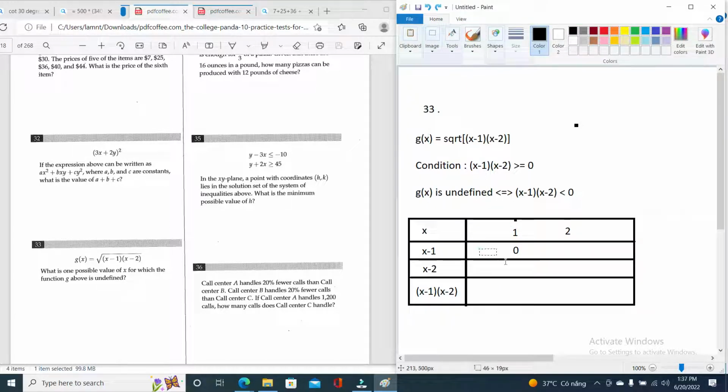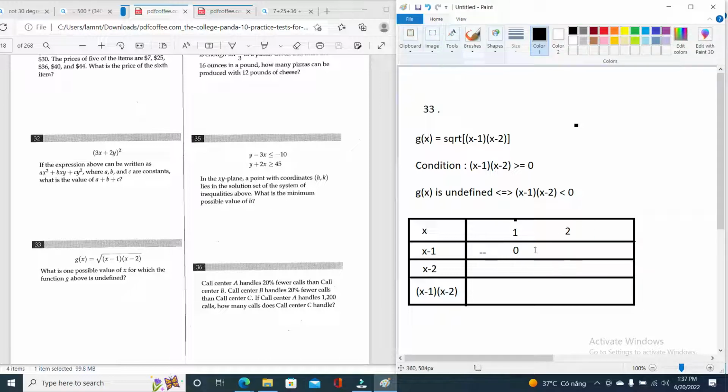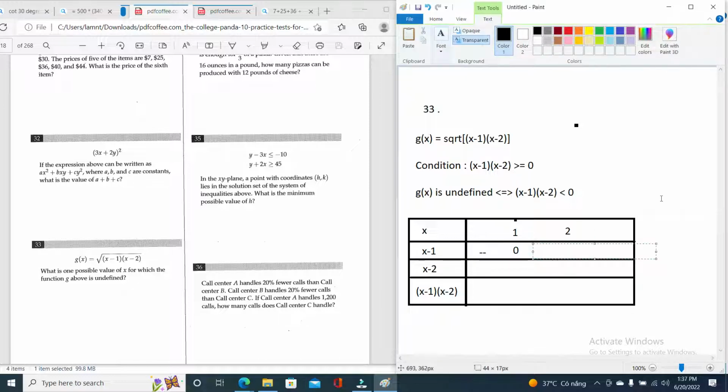And when x is bigger than 1, wherever it is, x minus 1 is positive. At 2, I don't want to calculate this, so I'm going to give it a dash, because it's irrelevant, it's just positive anyway.